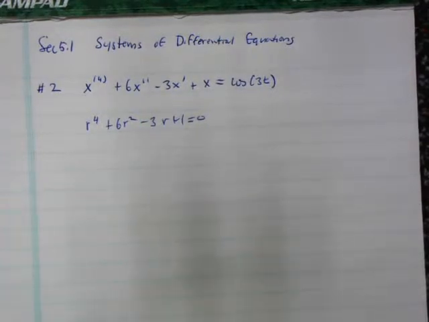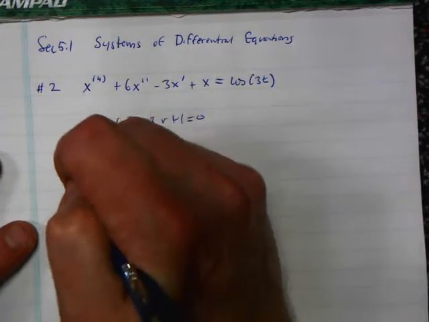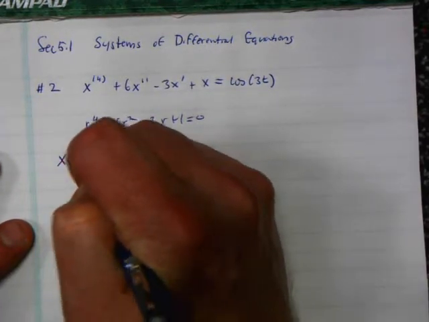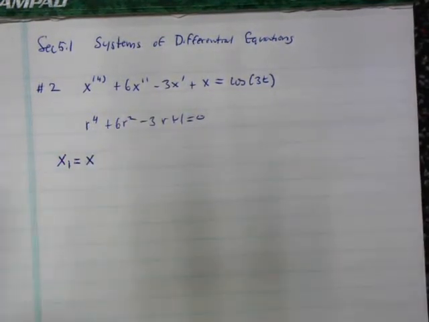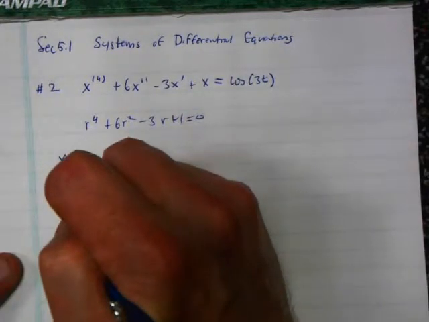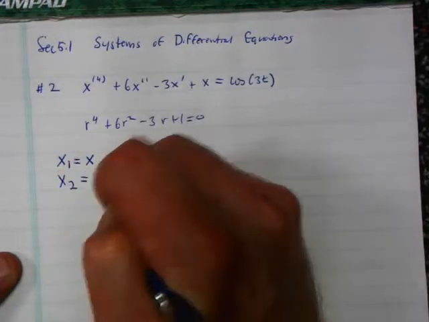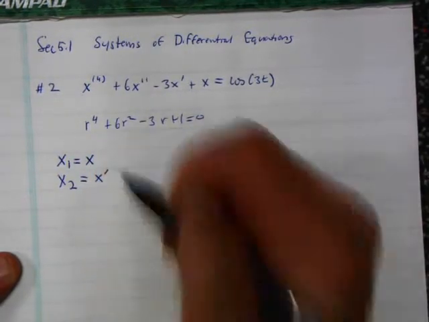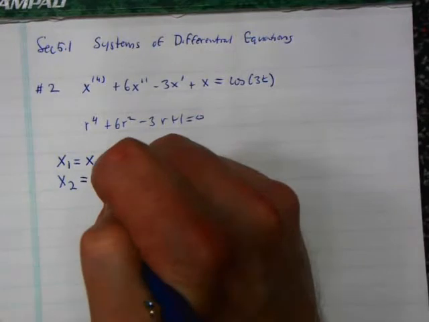All right, so here's what we're going to do. We're going to let x1, we're going to call it just x. Okay? And then x2 is going to be x1 prime.